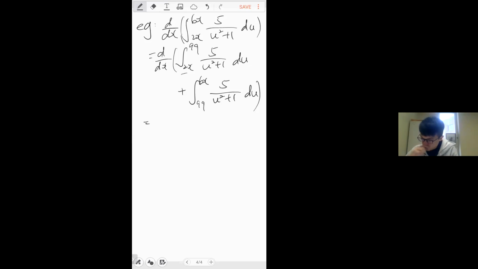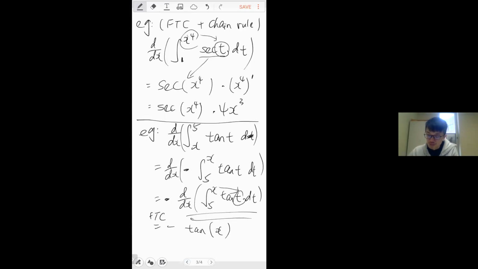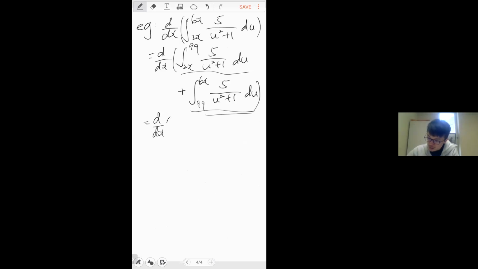Now for the second term, you can do the fundamental theorem of calculus right away. But for the first term, this is almost the same as the second example. You need to swap the lower and upper limits and get a negative sign like this.